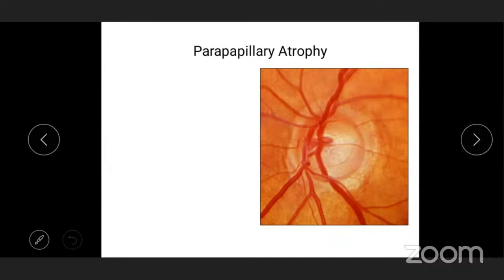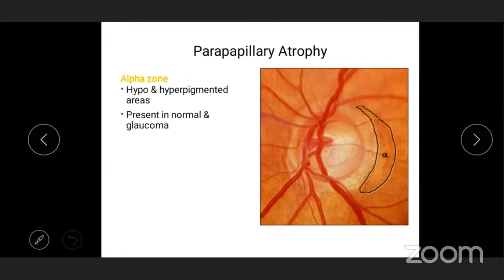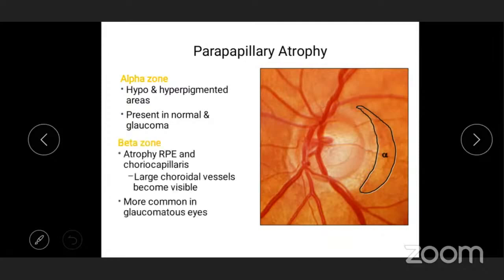Now, the parapapillary atrophy is becoming of a lot of importance in the last 1 decade because of what we have now defined. There are other zones also now defined, but just for easier comprehension today, the alpha and the beta zone. And which one is more important in glaucoma? Please remember it is the beta zone. And the beta zone, why?